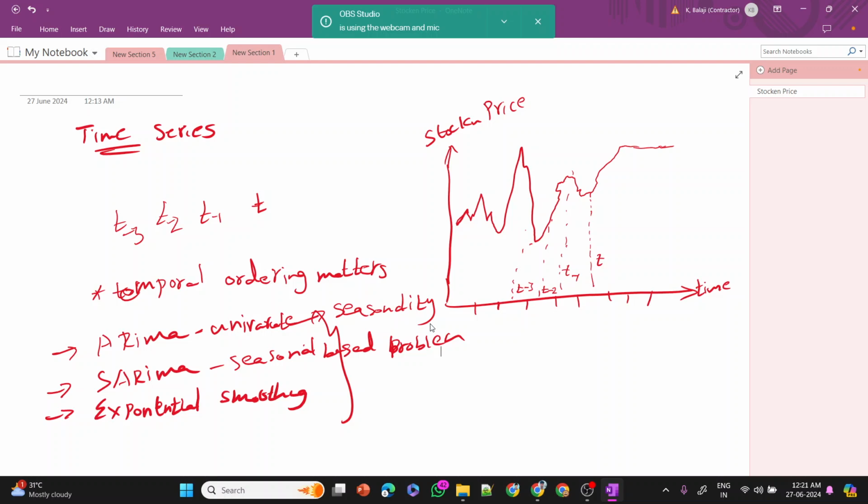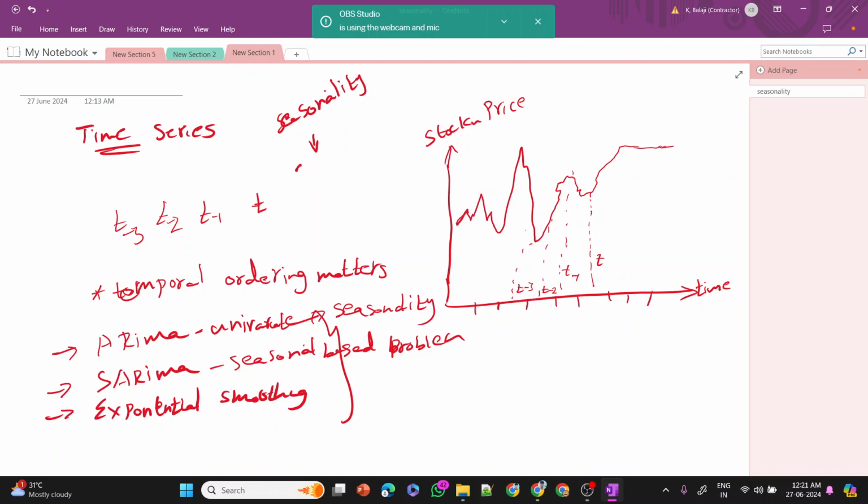But in seasonality problems, seasonal decomposition techniques help in understanding the seasonal pattern.